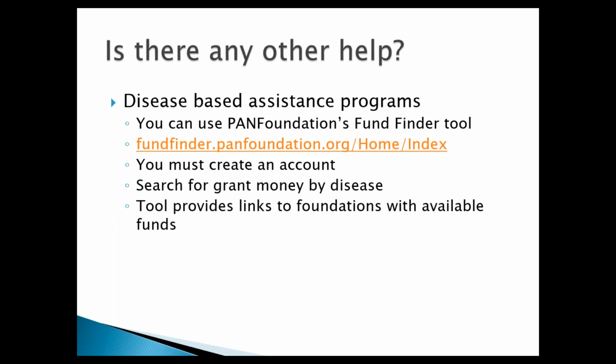So is there any kind of other help just besides those things? And actually there is. There are copay assistance foundations. These are private foundations that are in the business of making grants to individuals to cover the copays for medications that directly treat a covered condition.